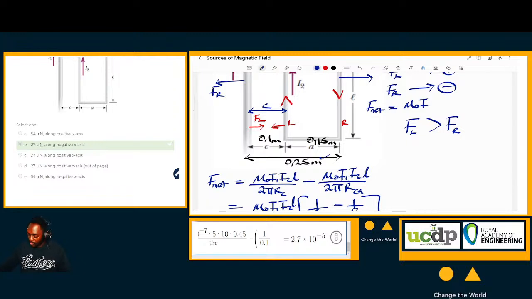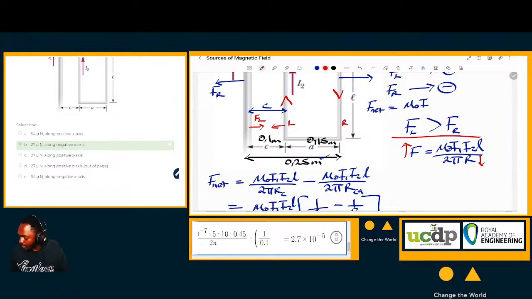And due to the inverse square law, F is equal to mu naught I1 I2 L over 2 pi R. So for FL, we can see that we've got a smaller radius, which means FL is going to be greater, which is why we're saying FL is greater than FR.